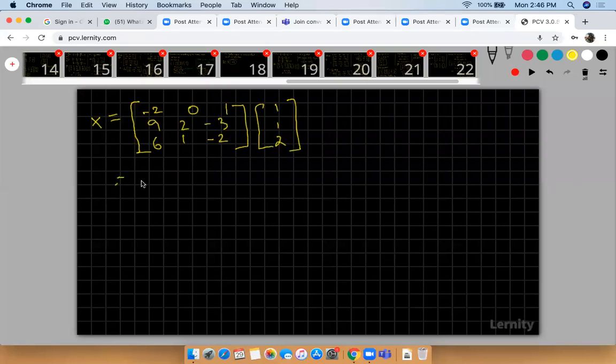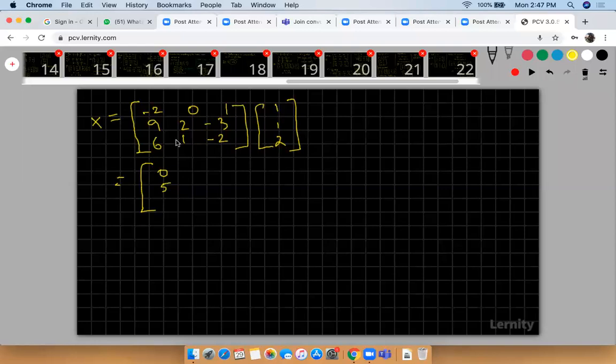Now take the product, matrix multiplication. Minus 2, this is 0, this is plus 2. Minus 2 plus 2, the answer is 0. And here this is 9, this is plus 2, that is 11, this is minus 6. So 11 minus 6, the answer is 5.